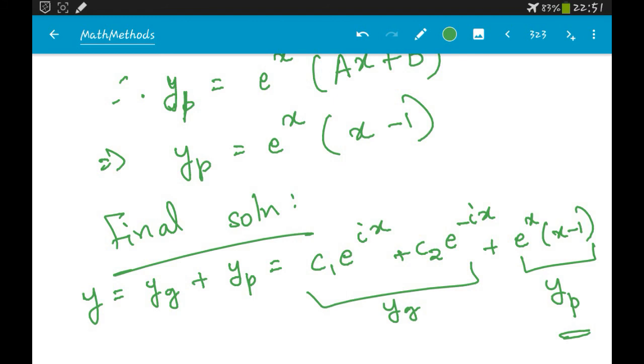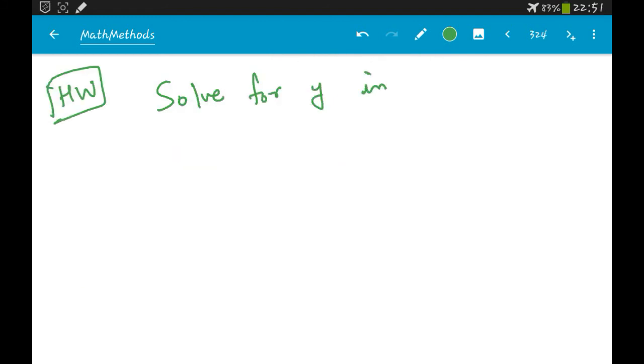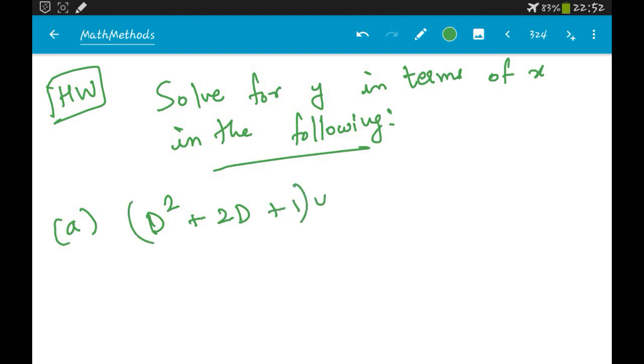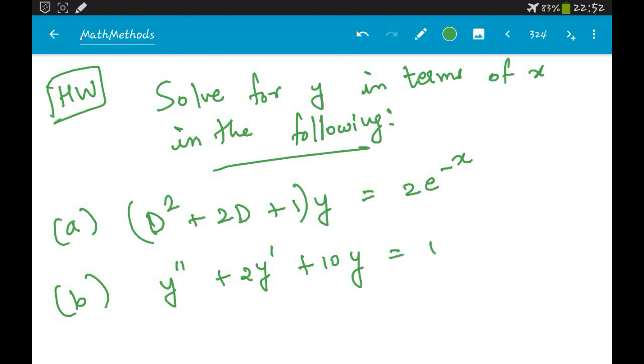Alright, solve for y in terms of x in the following. A: D square plus 2d plus 1 into y is equal to 2 e power minus x. B would be y double dash plus 2y dash plus 10y is equal to 100 cos 4x.